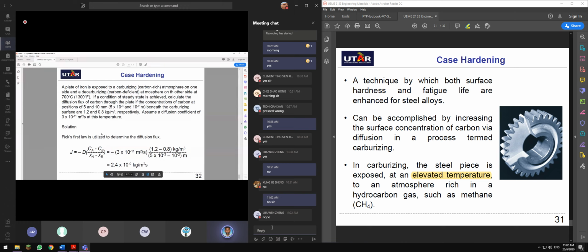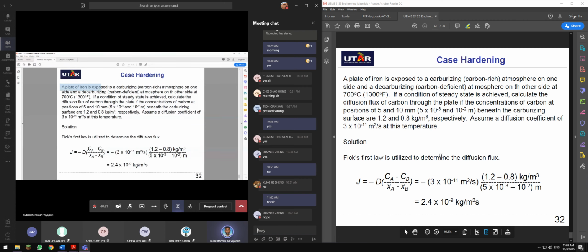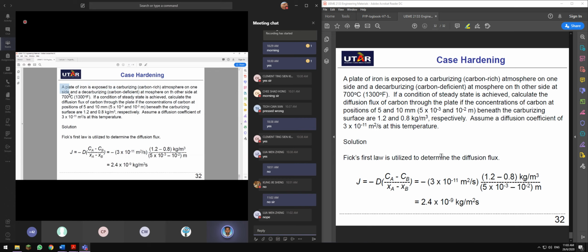Now, a plate of iron is exposed to a carburizing, carbon-rich atmosphere on one side and a decarburizing, carbon-deficient atmosphere on the other side at 700 degrees Celsius.